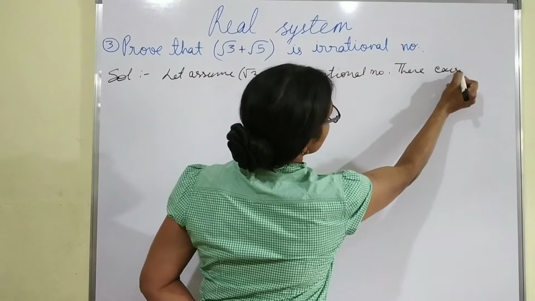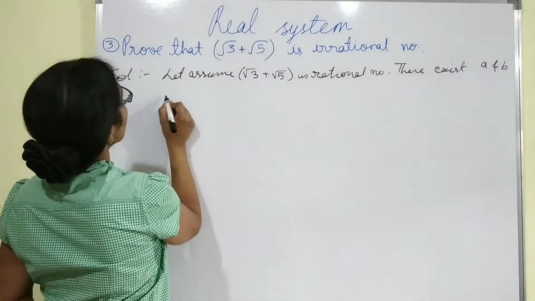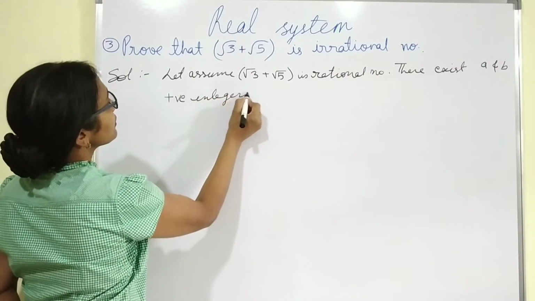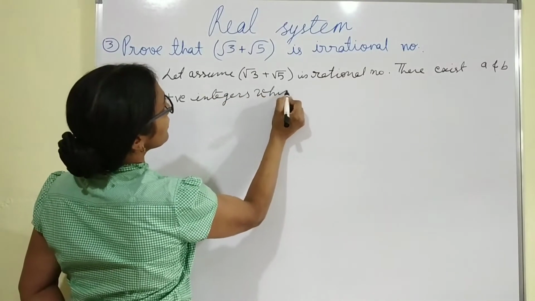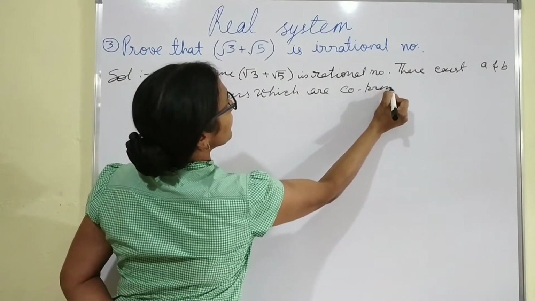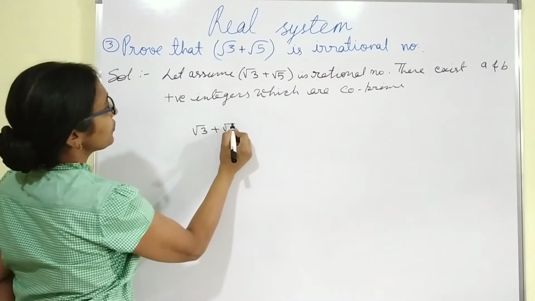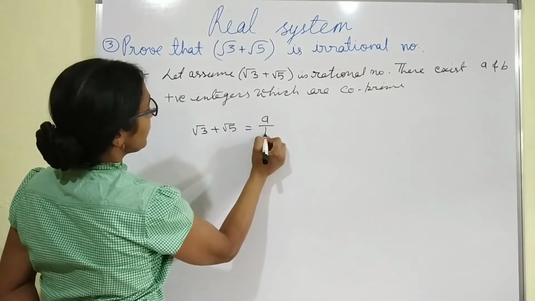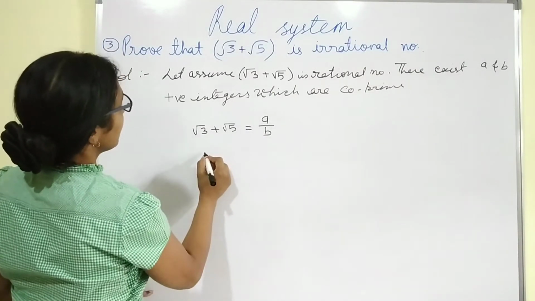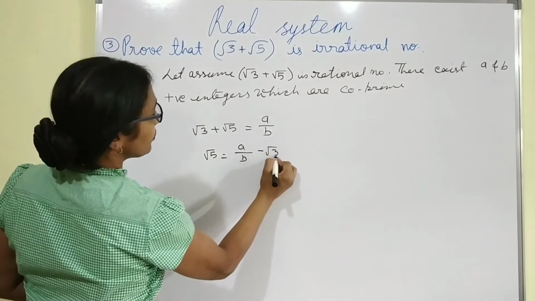There exist A and B positive integers which are co-prime. Okay? So root 3 plus root 5 equals A upon B. So root 5 equals A upon B minus root 3.